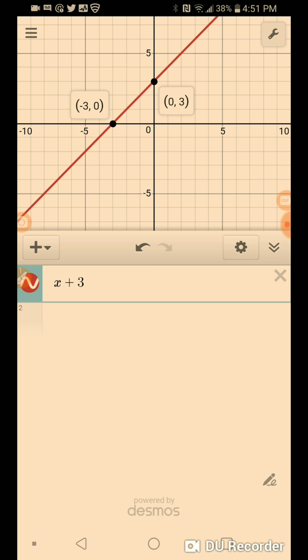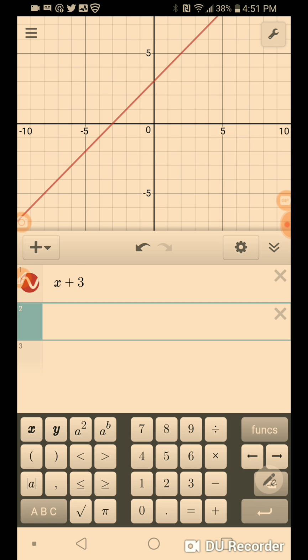Now I'm going to graph another one, but now I'm going to use another window and graph the one with a negative intercept. So let's look at it. You see the second graph in a blue line?